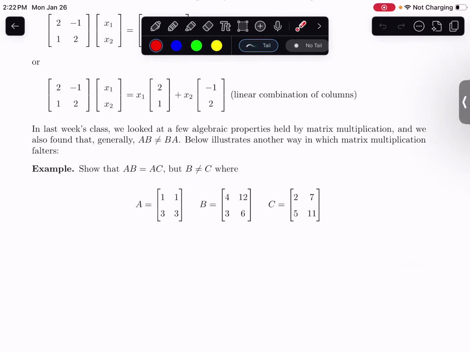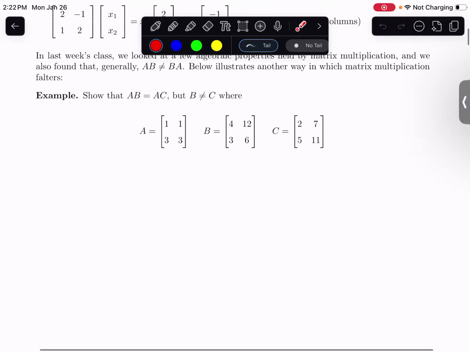And so in last week's class, we looked at a few algebraic properties held by matrix multiplication. One property we found was that if you do A times B, it's not always equal to B times A. And it turns out that there are other algebraic properties that are going to fail as well, which is illustrated in the next example. In this example, we can have A times B equal to A times C, despite the fact that B and C aren't equal to one another.